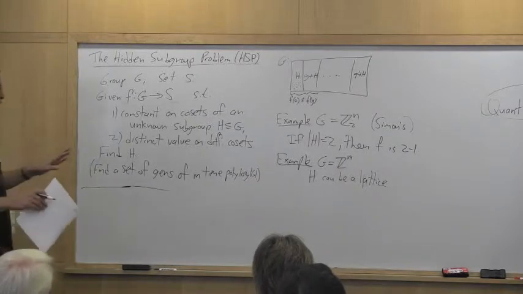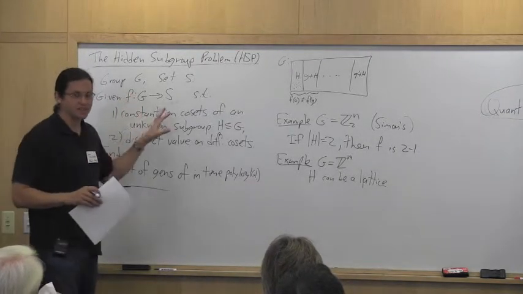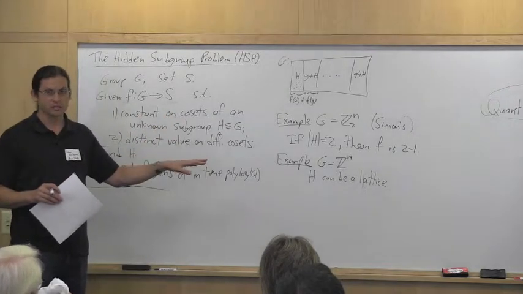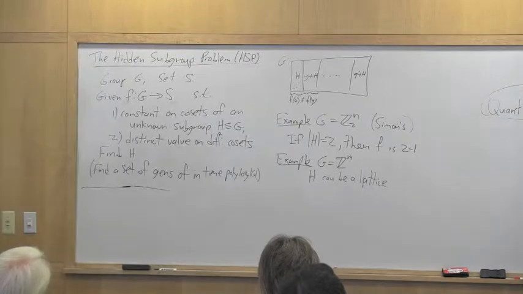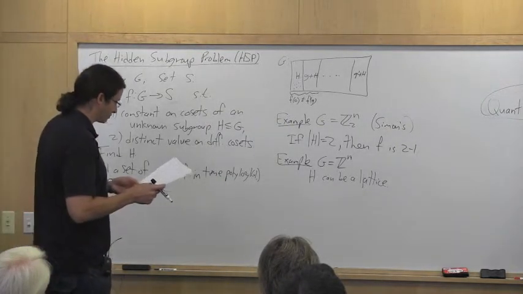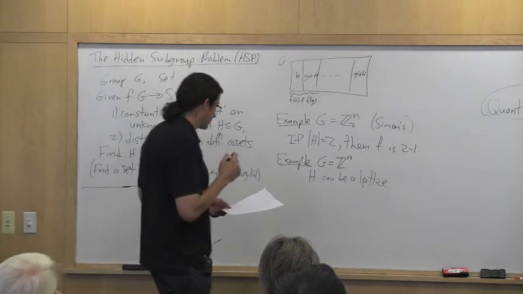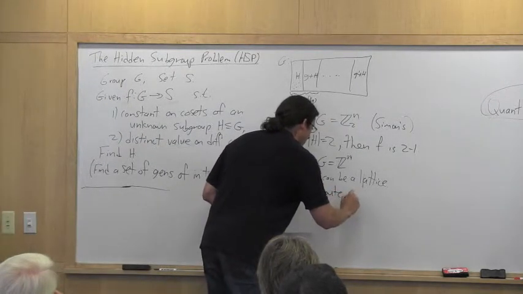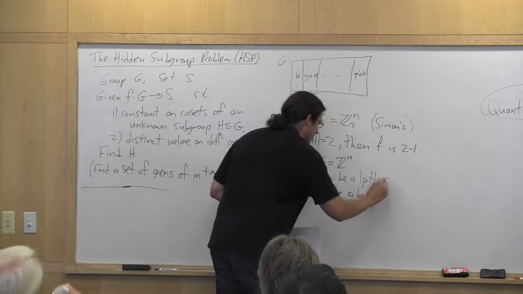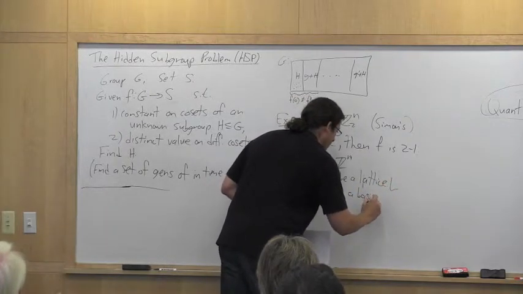This problem is different. This problem is, given a function that hides a lattice, compute a basis for the lattice. So, compute a basis. So if this is a lattice L, then you want to compute a basis for L.